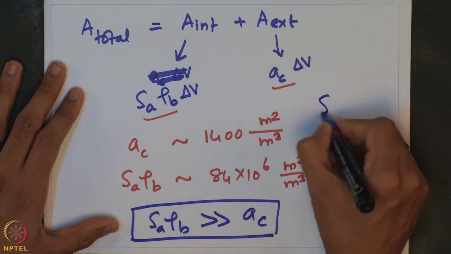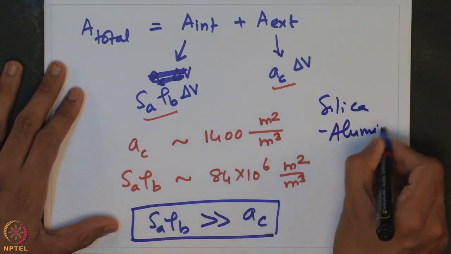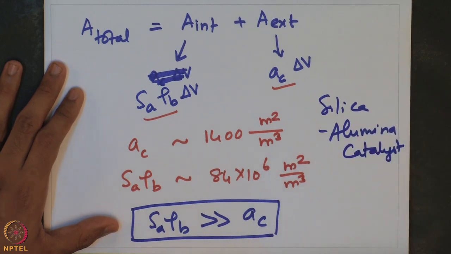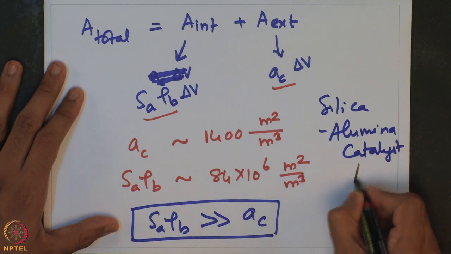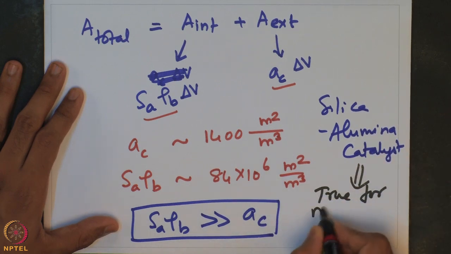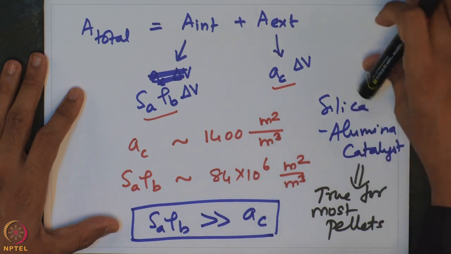Now, this we specifically saw for the silica alumina catalyst, and in fact this is true for most of the catalyst pellets, most of the pellets that are actually being used in the industry these days. So, how do we incorporate that in the balance? Let us see what the balance is in the first place.